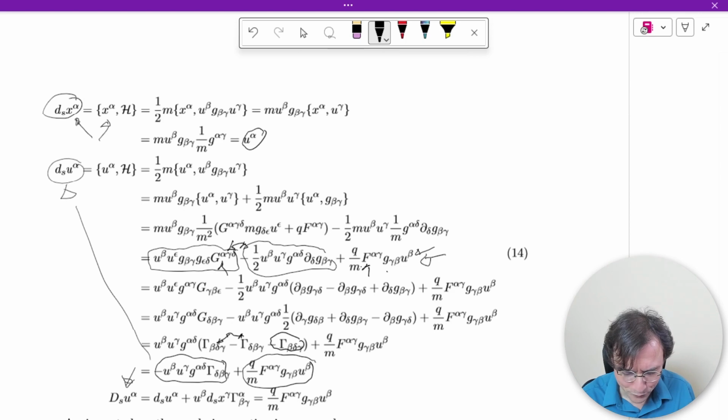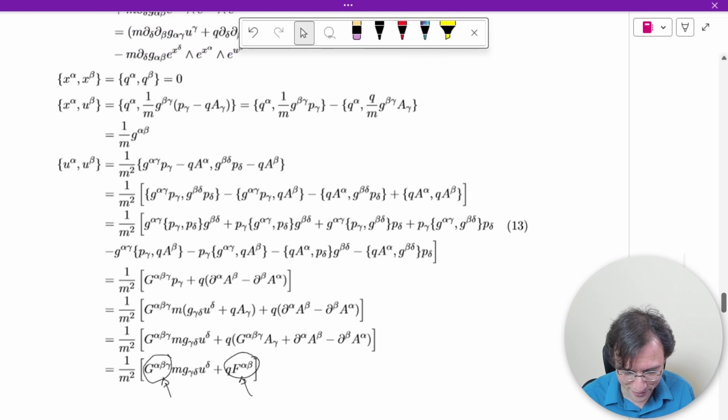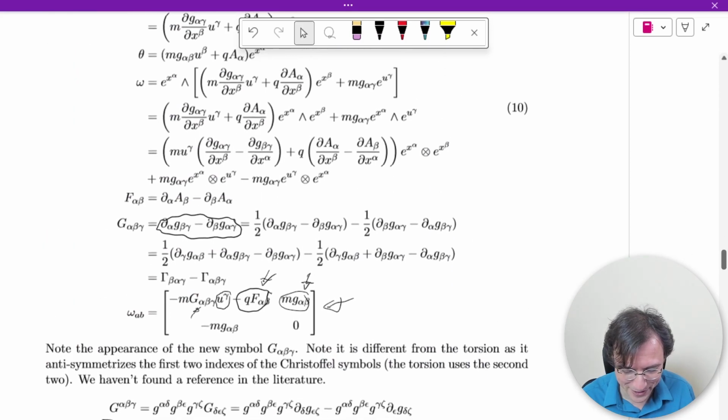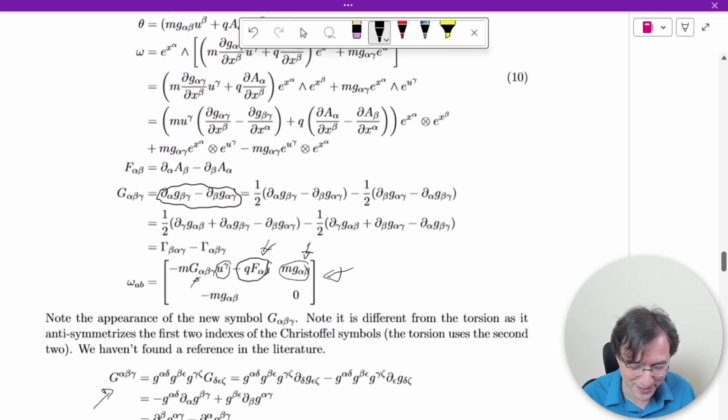I still don't understand what this thing is, and one of the first things I tried to understand is whether this thing is a tensor or not. If you look at the expression, you're very suspicious that it's not a tensor, because it's a derivative of the metric tensor, or the difference between two Christoffel symbols. If you've done general relativity, there's very low chance that these are invariant.